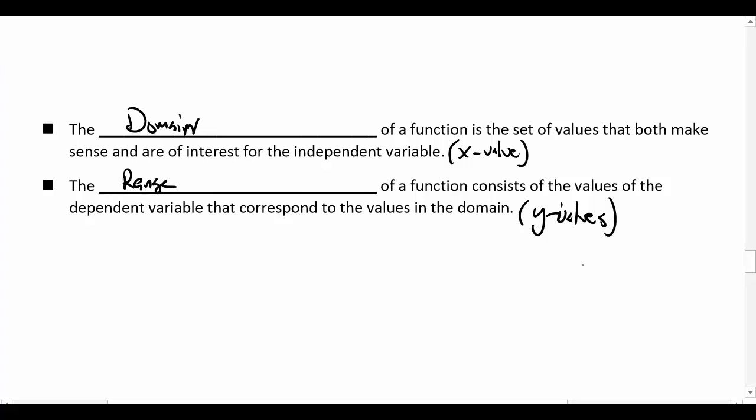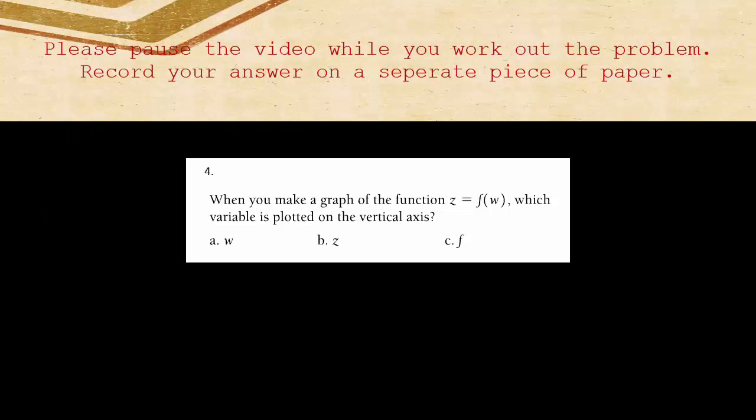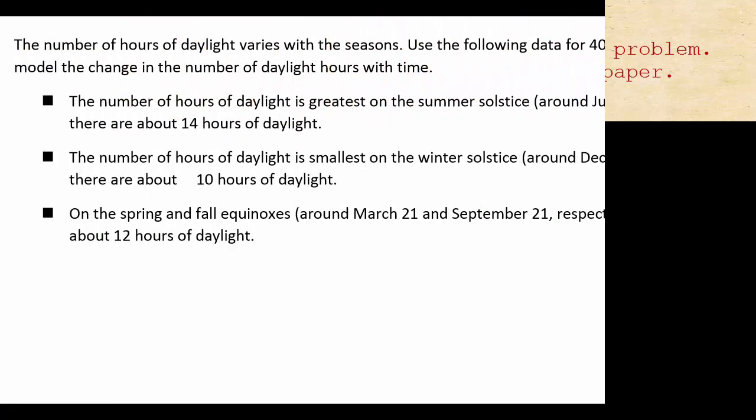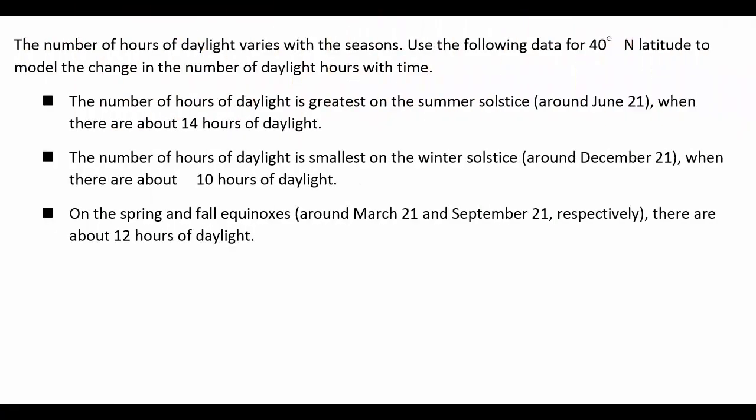The number of hours of daylight varies with the seasons. Use the following data for 40 degrees north latitude to model the change in daylight hours with time.